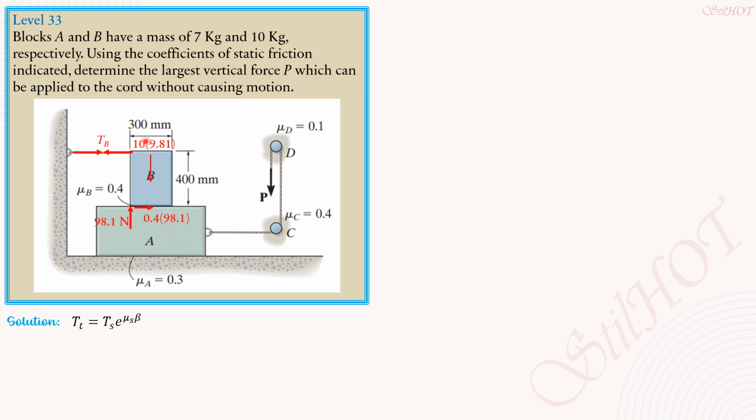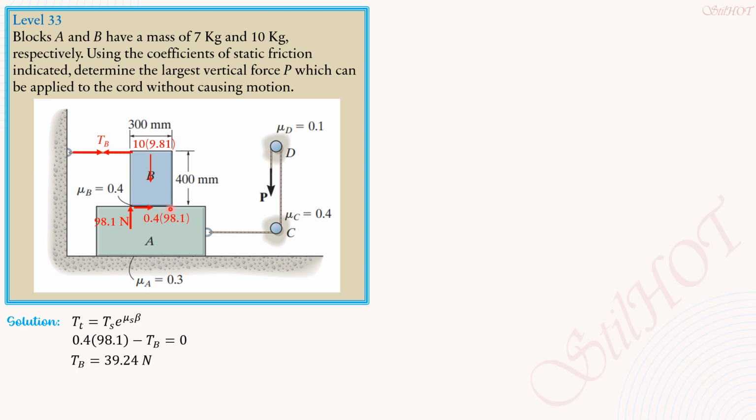So summation of forces horizontal equals 0. So 0.4 of 98.1 minus T sub B equals 0. And computing for T sub B, it is equal to 39.24 newtons. That is if slipping between A and B controls.